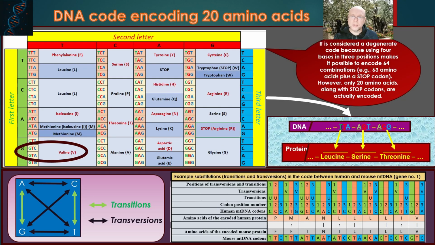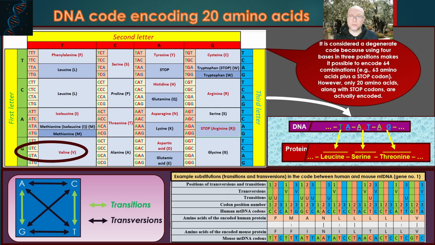It should be mentioned that the bases A, G, C, and T are divided into two groups. Into the larger purines, which are the bases A and G, and the smaller pyrimidines, which include the bases C and T. As a result, base substitutions of similar size, that is within the same group, may occur more frequently than substitutions between these groups.